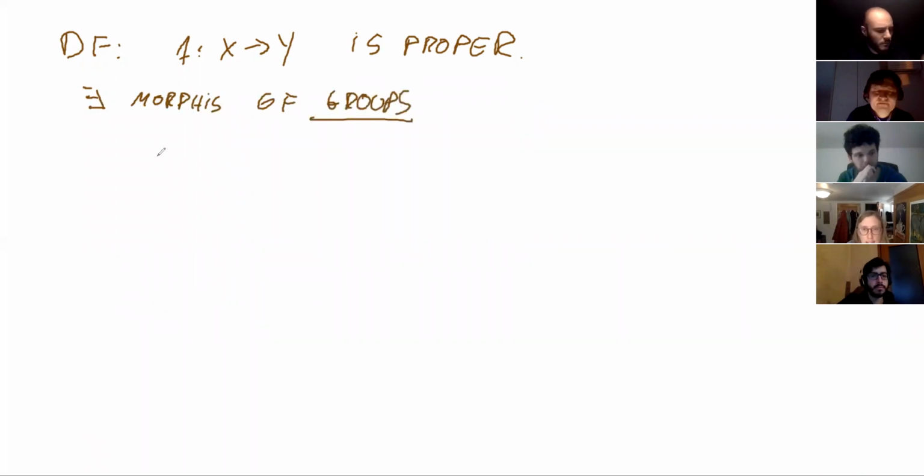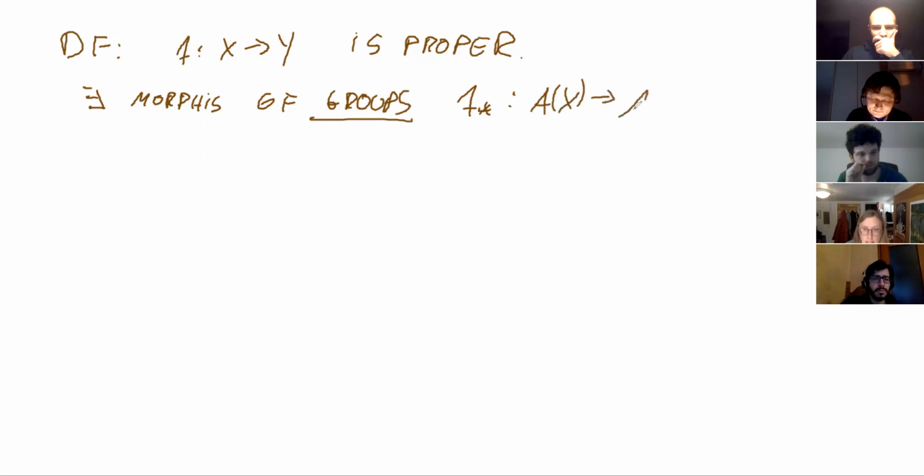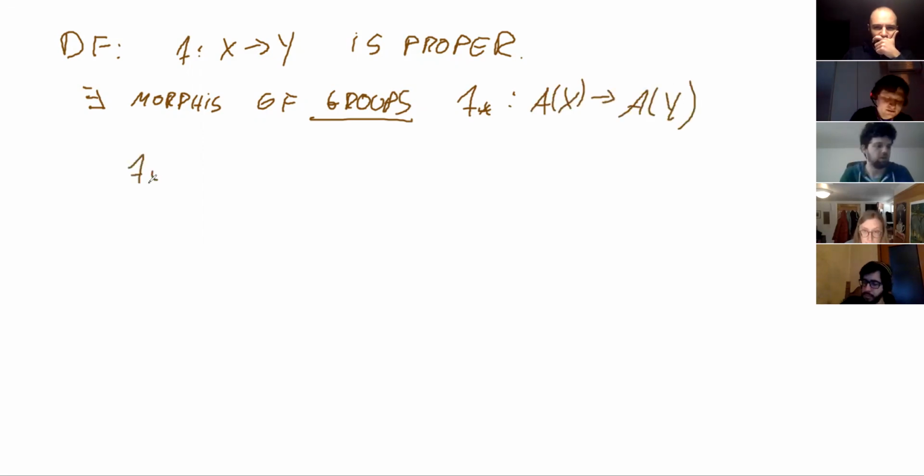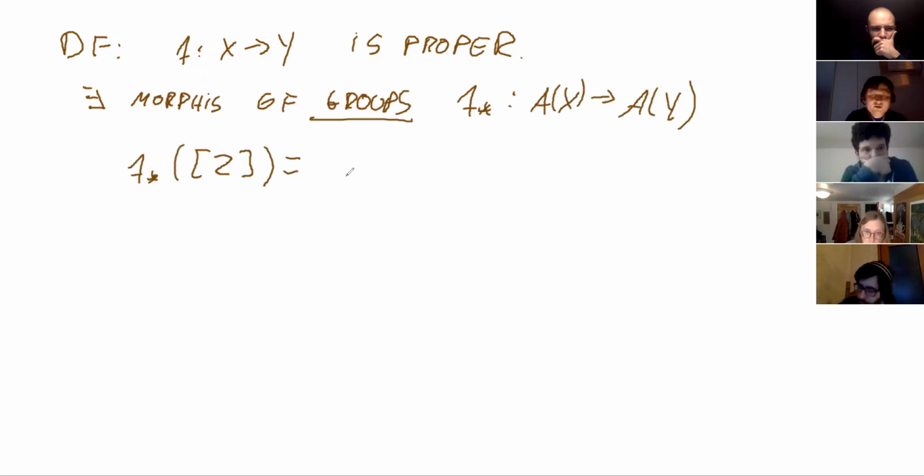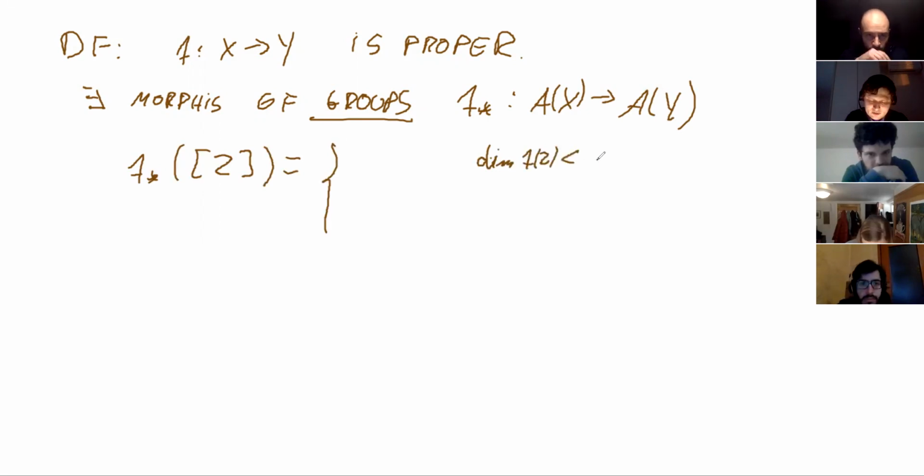Groups, I repeat. It's called the push forward. And it's defined as follows. If you are pushing forward a class of a subvariety Z of X, there are two things that can happen. Either the dimension of f(Z) is smaller than the dimension of Z, in which case you say that the push forward is 0, or it's a finite map.